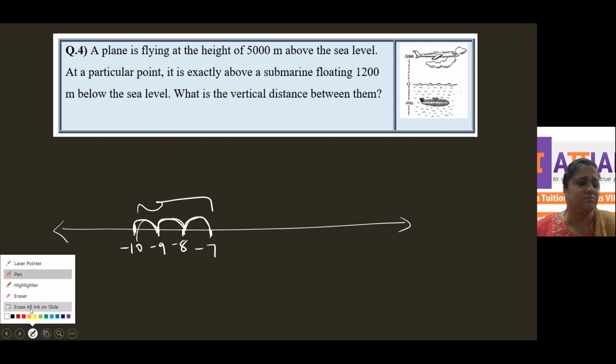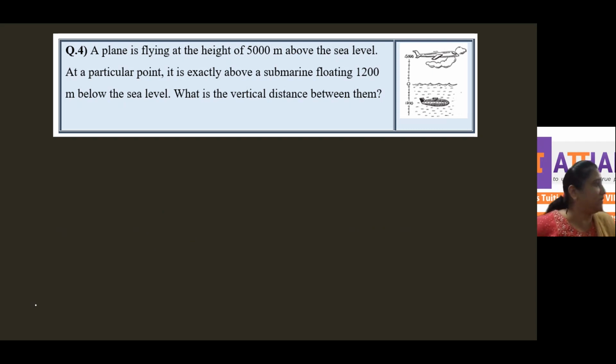Because distance is positive. Yes or no? Can we run -100 meters in your school running race? -400 meters relay. Not possible. Okay. A plane is flying at a height of 5,000 meters above the sea level.